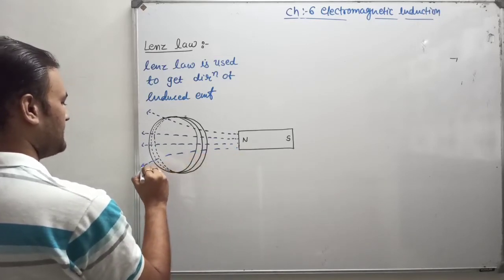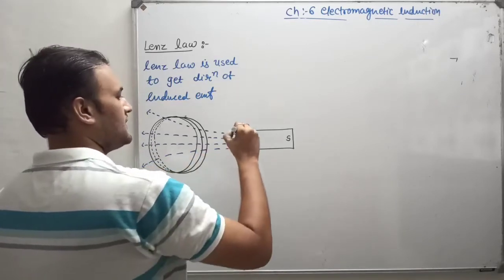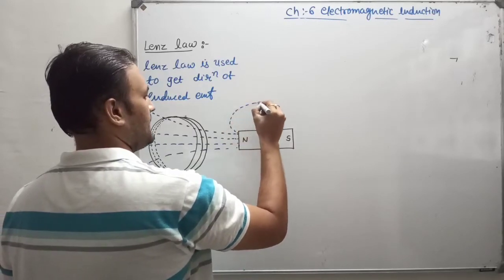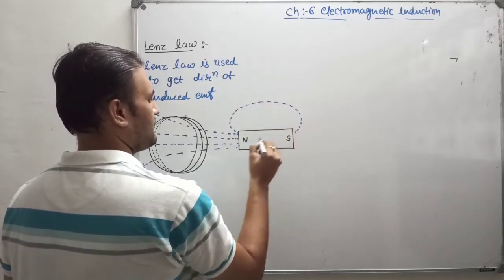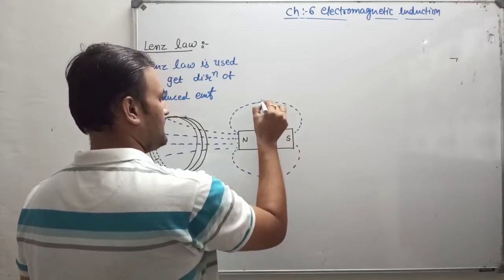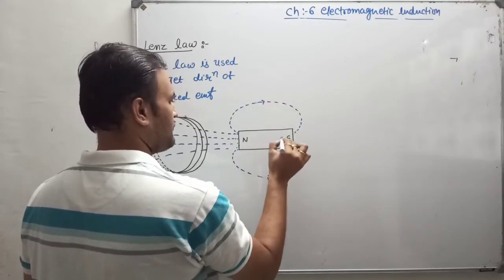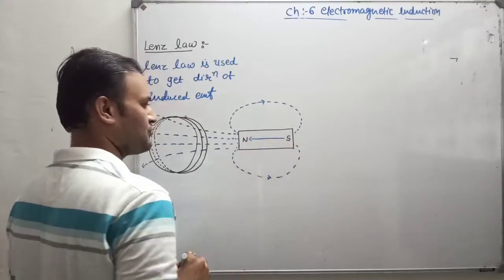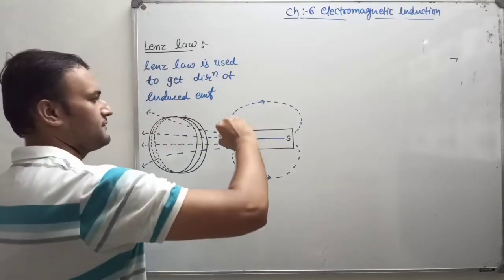That we know and studied in chapter number 5. Okay, here we can do this. It is not necessary to do, but here we can show it is N to S outside, and inside S to N. Okay, yes.